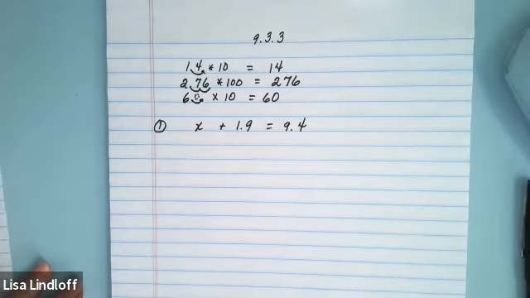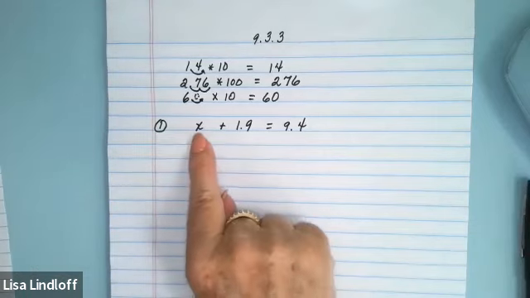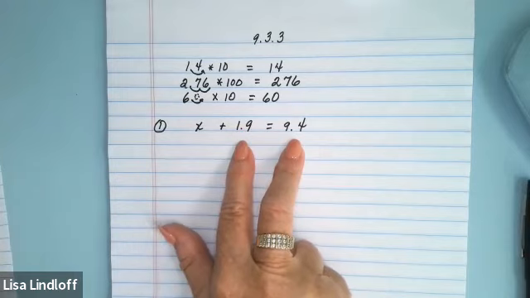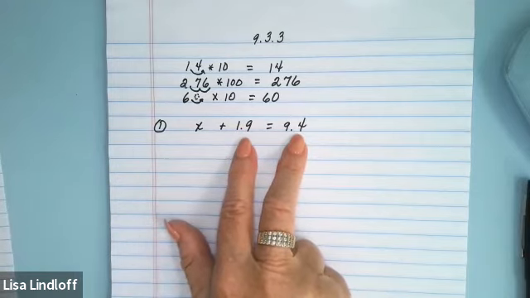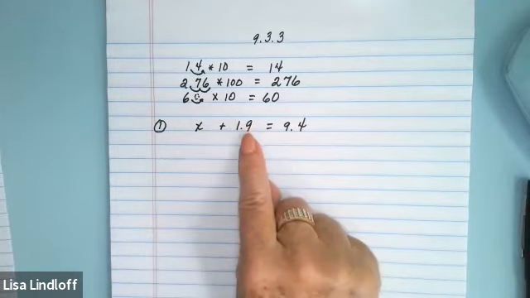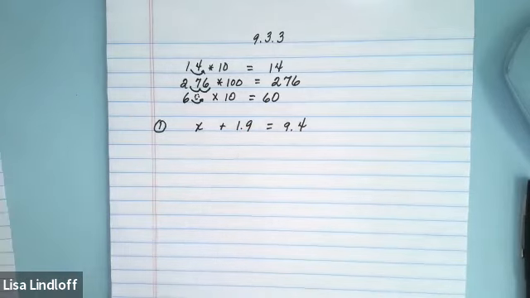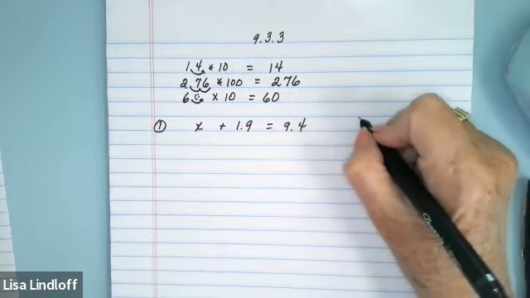I take a look at all of the terms. There's 1, 2, 3 terms. These 2 terms have decimals, so they're going to help me decide what to multiply by. This one has 1 place, that means tenths. This one also tenths. What I'm going to multiply by is 10.